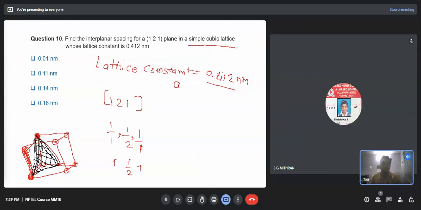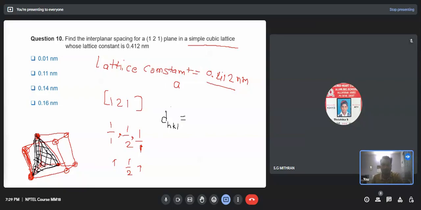So for this plane, we have to calculate the interplanar spacing. Interplanar spacing is normally called d, and we'll just write the HKL value here.